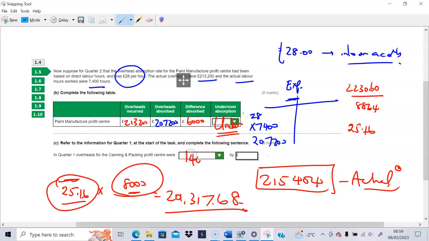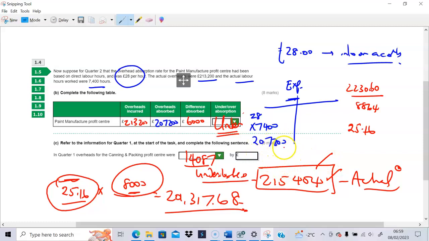I get 14,087, and it's underabsorbed, because you haven't put in enough. So you need to put a journal through to bring it back up to this, so that it's recognized in the income statement as this whole amount, so that profits aren't overstated, right?